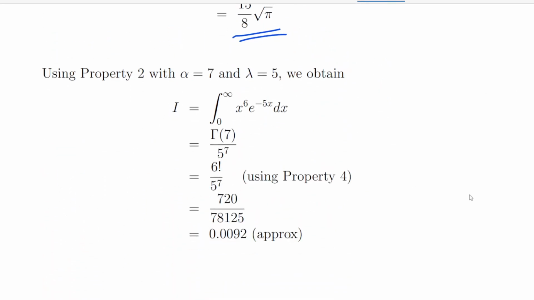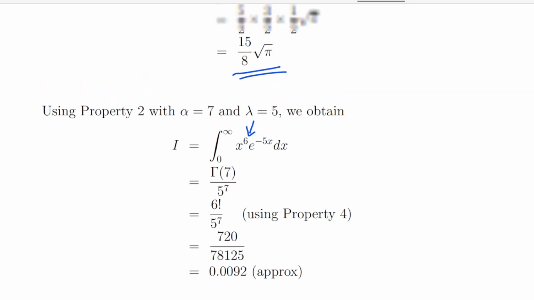Now, answering the second question, you notice that we had alpha equals 7, which meant that x to the power of alpha minus 1 corresponded to x to the power of 6, and lambda equals 5, which gave us e to the minus 5x. So we have to work out this integral. What we're going to use is property 2.